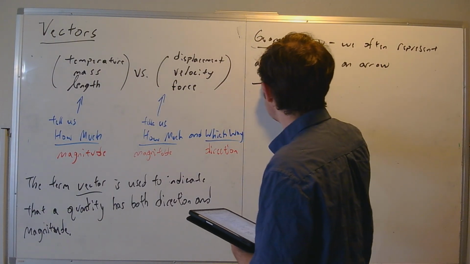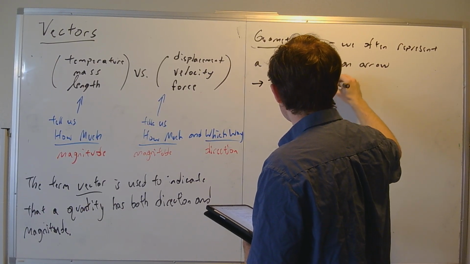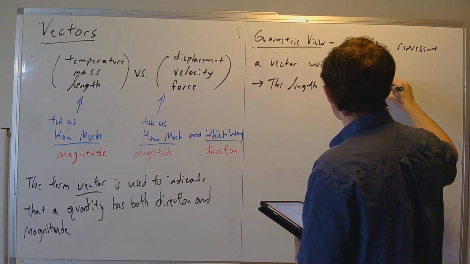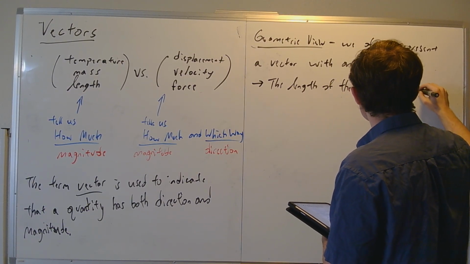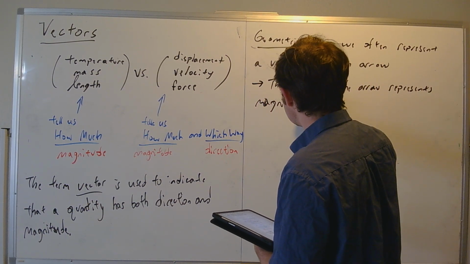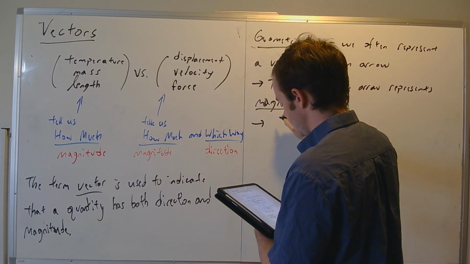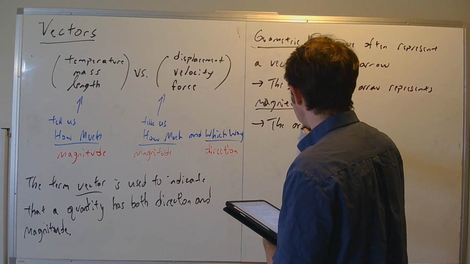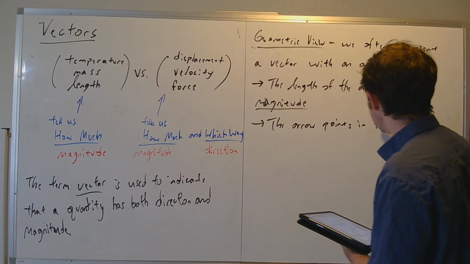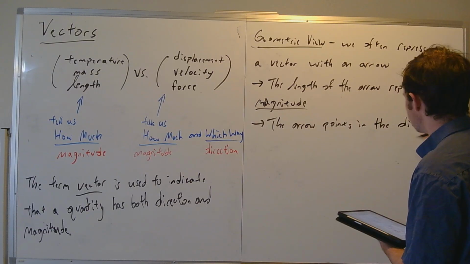So I'll say here the length of the arrow represents magnitude, and I'll say also that the arrow points in the direction of the vector.